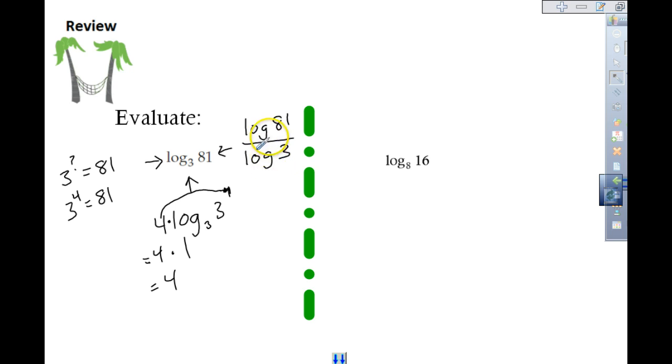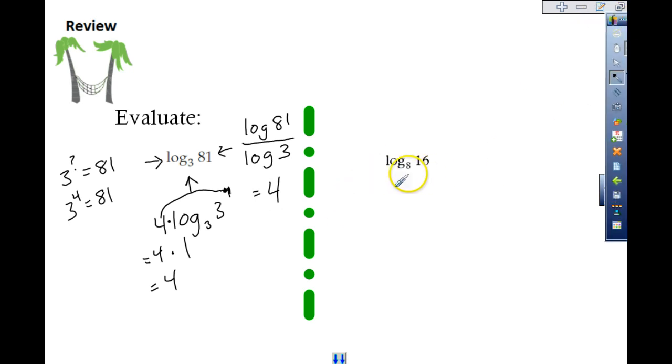It's automatically going to be considered base 10. Not that it's important, we could use any base here and you'll get the same answer, but without the number given as a base, it's going to be base 10. So this is going to be our third and final way of getting an answer for a logarithm.